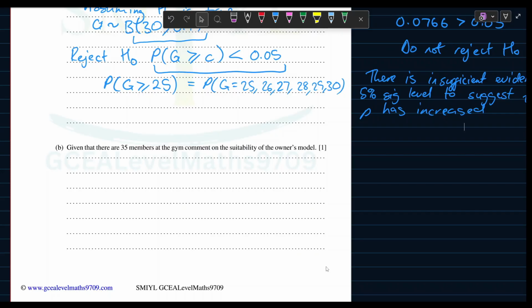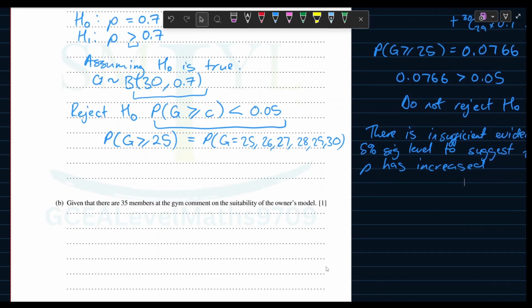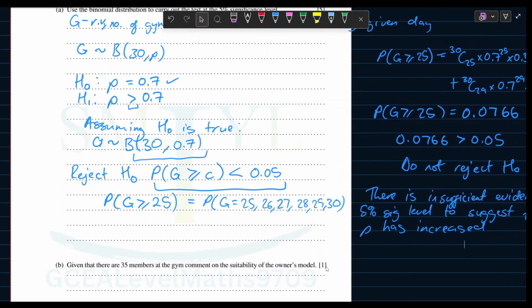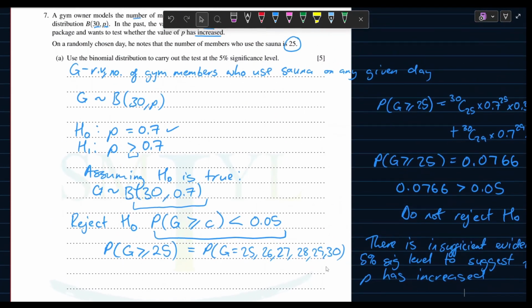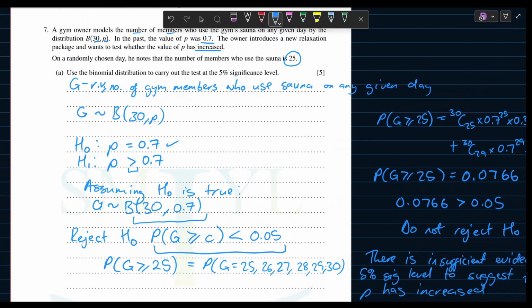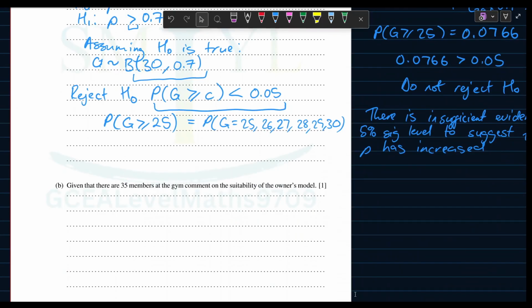Okay, so we can make an argument for both cases. We could argue that the owner's model is suitable in the sense that even though in our model we are investigating with only 30 members, logically speaking, chances are on any given day you're not going to have all the 35 members attending on that day.